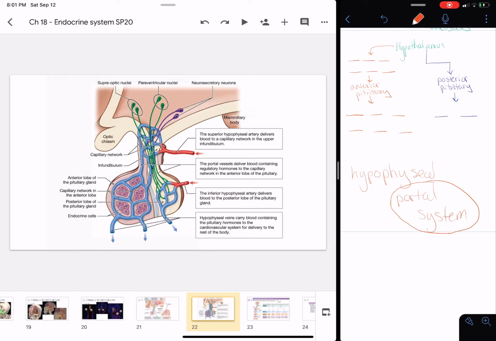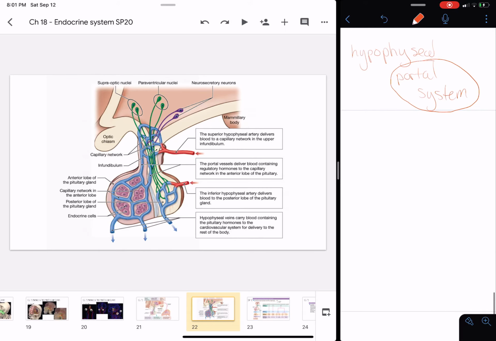And so let me write this down, because we'll talk about other portal systems as we go through this class. So we have both deoxygenated and oxygenated blood, number 1. Number 2, we have really, really slow blood flow. And the whole point of that is to allow the blood to absorb as much of the hormones, in this case, as possible.